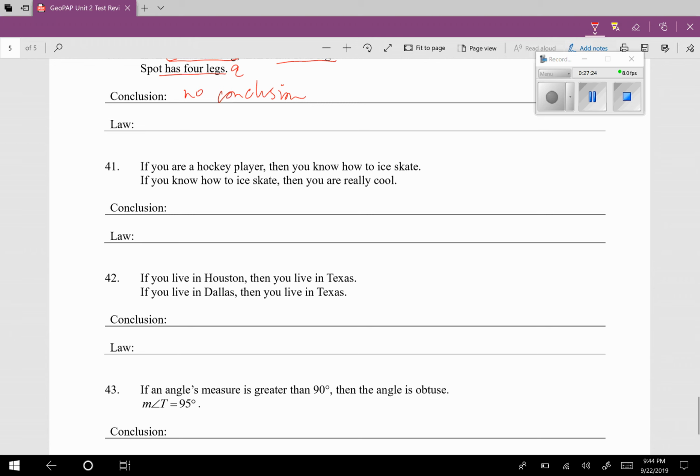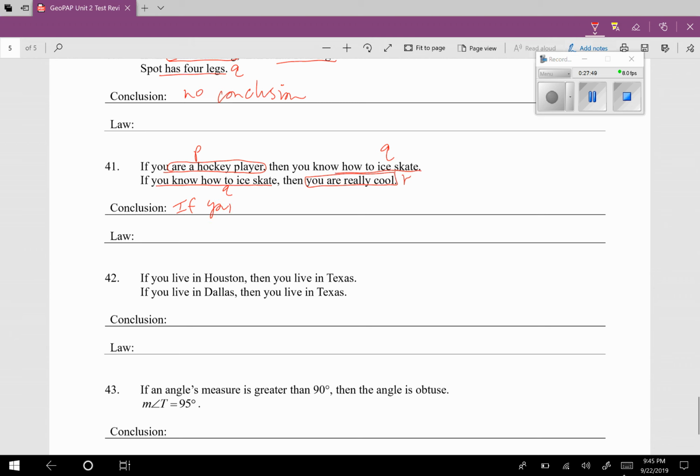Okay, next one. It says, if you are a hockey player, then you know how to ice skate. If you know how to ice skate, then you are really cool. Okay, so far that's following it. So we can now make our third sentence, our conclusion.